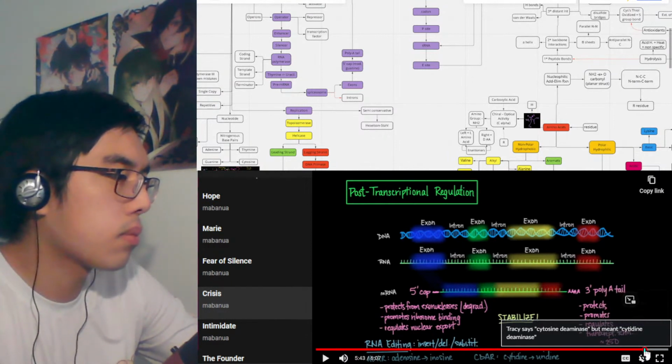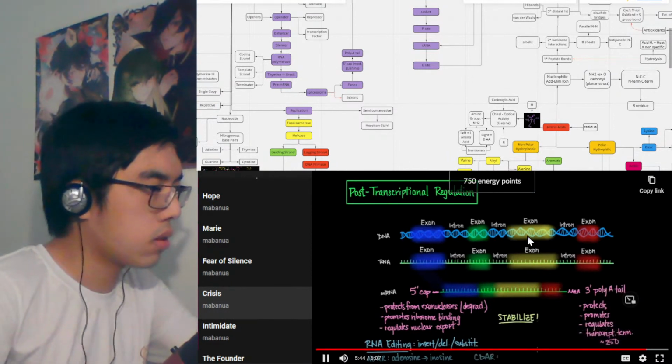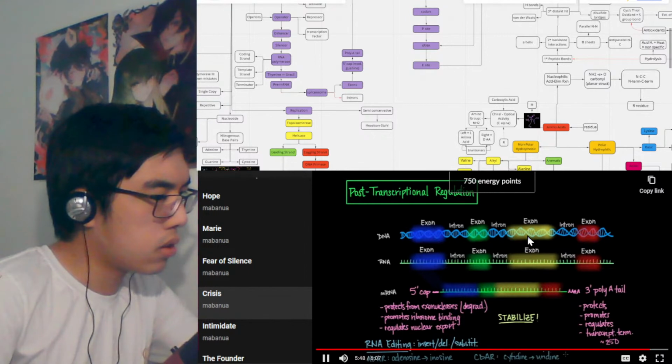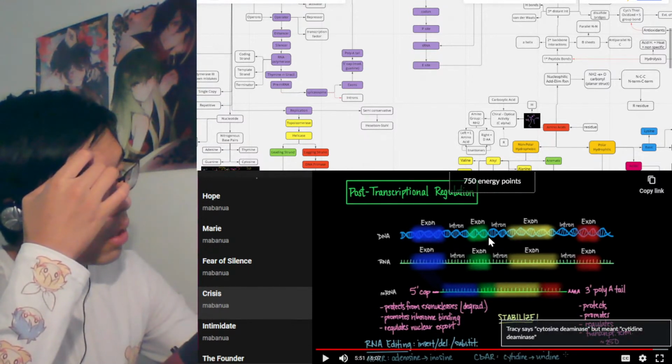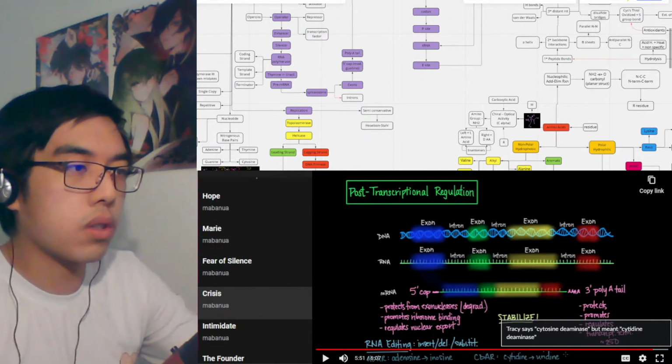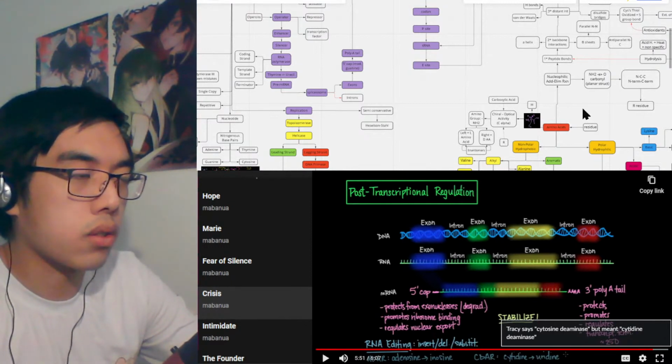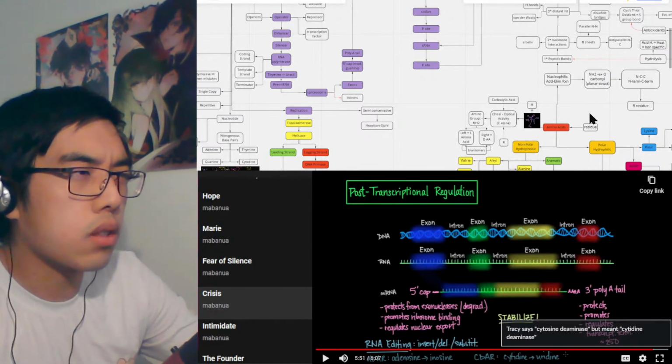Hold up. CDAR, which involves deamination of cytosine to uridine by cytidine deaminase. Okay, I understand this. That's what RNA typically has, which is uridine. Inosine is a modified adenosine.